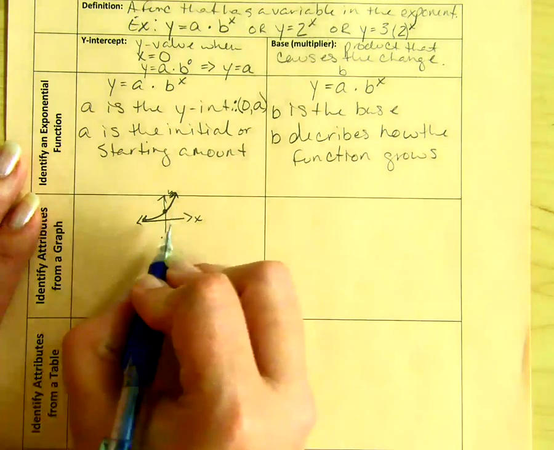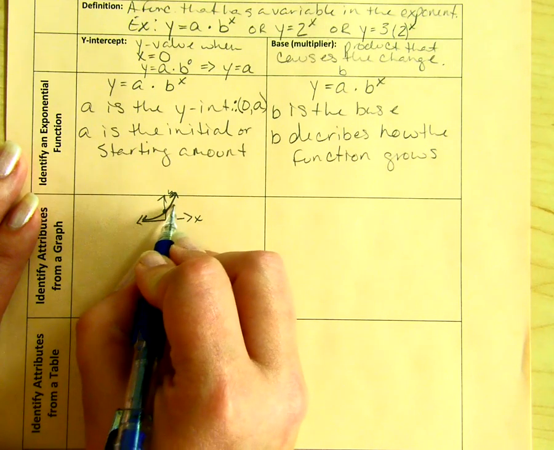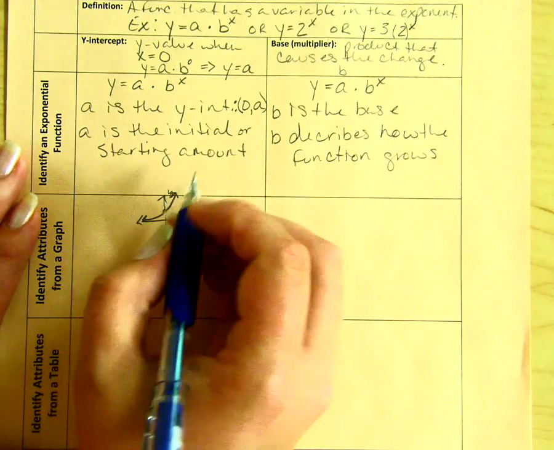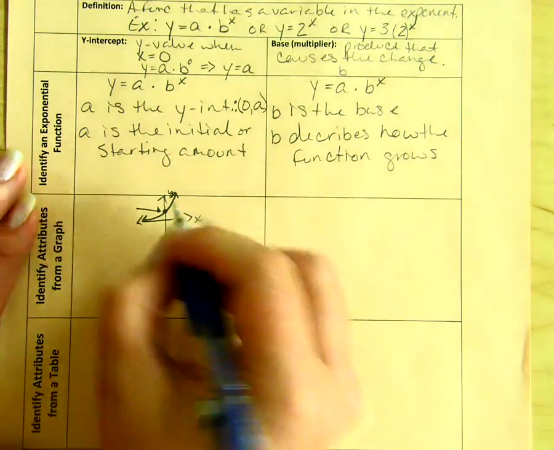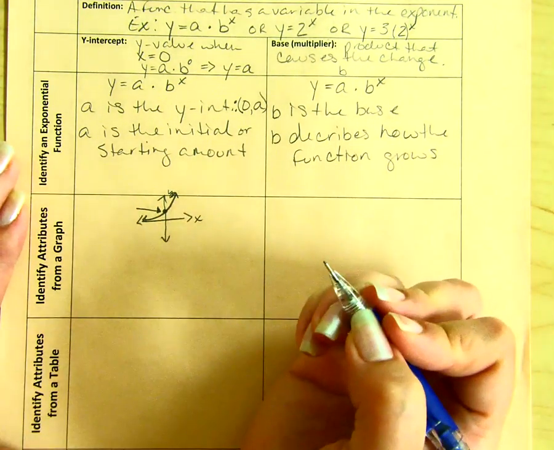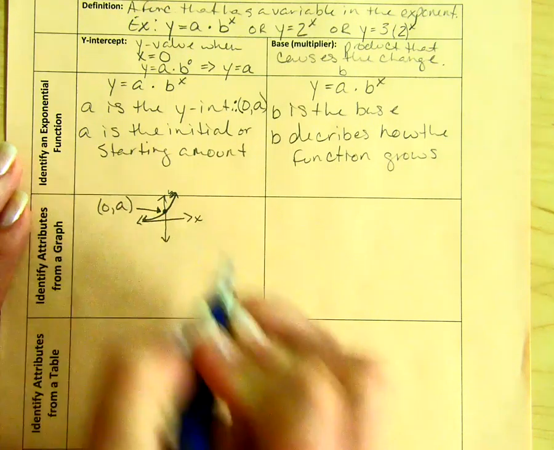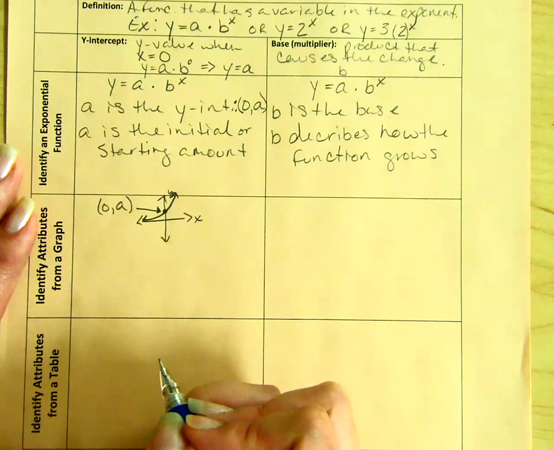It'll start really, really close to the x-axis, and it'll grow up, and it'll eventually cross the y-axis and continue on, okay? In this form, this value here, your initial value, is your a value. Where it crosses the y-axis is your a value. That's the point (0, a). It's the y-intercept.